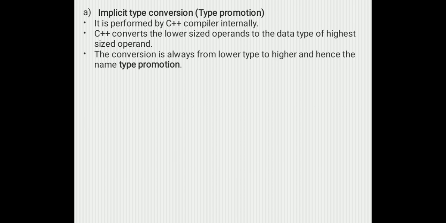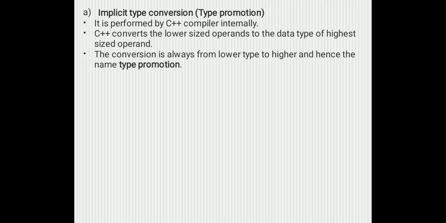The first method is implicit type conversion, and it is performed by the C++ compiler internally. It converts the lower sized operand to the data type of the highest sized operand, that is, int is converted into float, or int is converted into double. The int data type occupies 4 bytes of memory and the double data type occupies 8 bytes of memory.